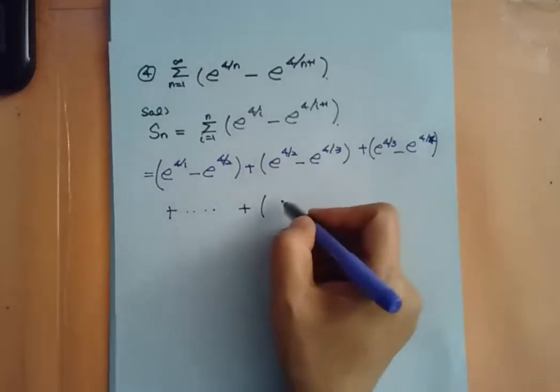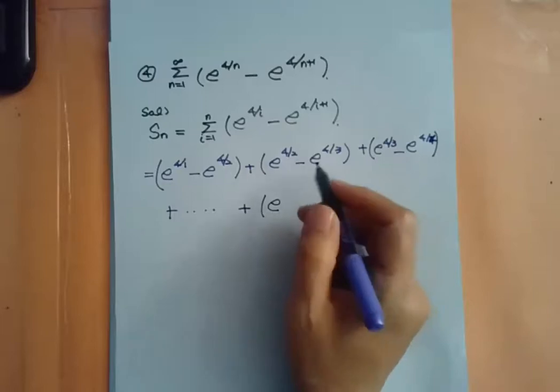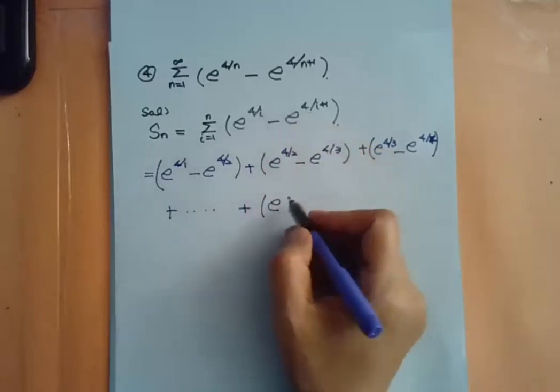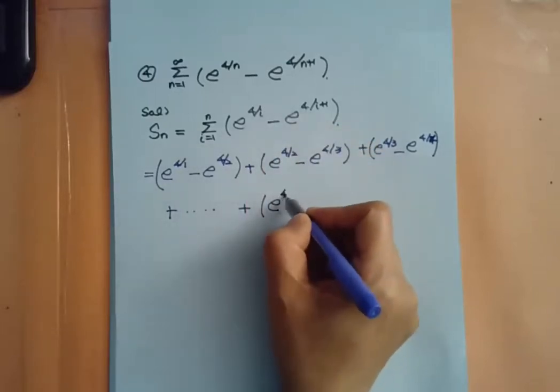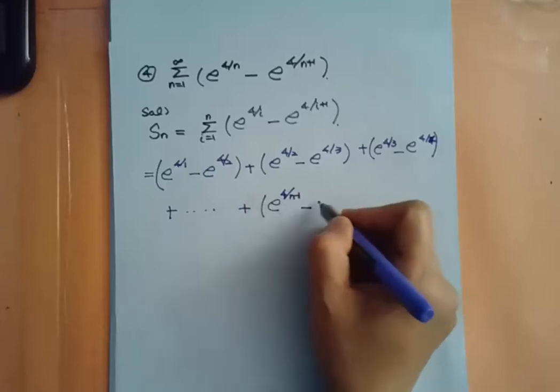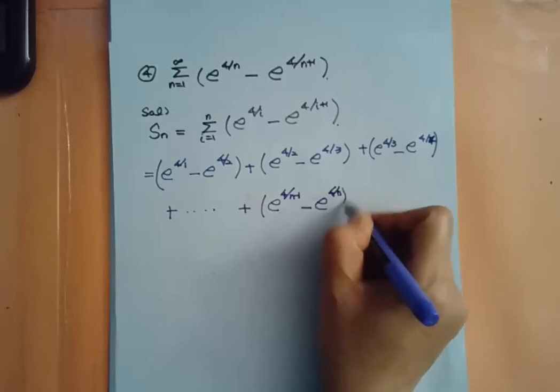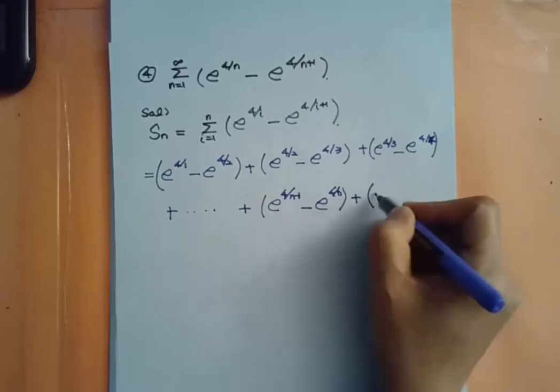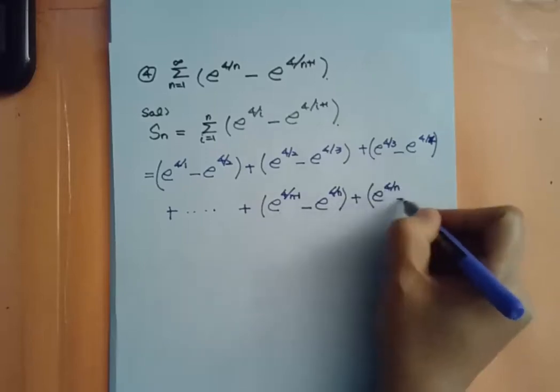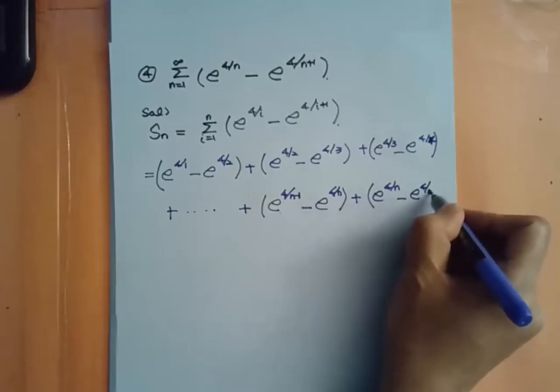So it goes like e to the, when that is n minus 1, it is 4 over n minus 1 minus e to the 4 over n plus e to the 4 over n minus e to the 4 over n plus 1.